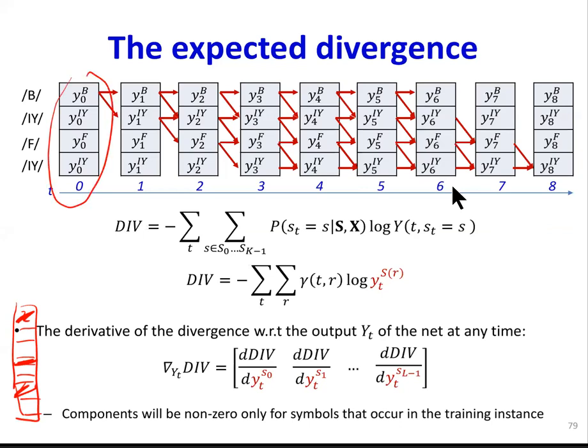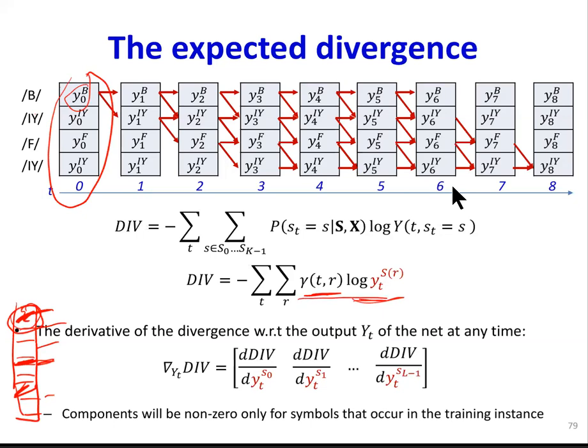And you're just picking some subset of these for this column. So the derivatives with respect to the symbols not represented here are going to become 0. For any particular symbol, its contribution at that time to the divergence is the log of this probability times the gamma TR at that time.